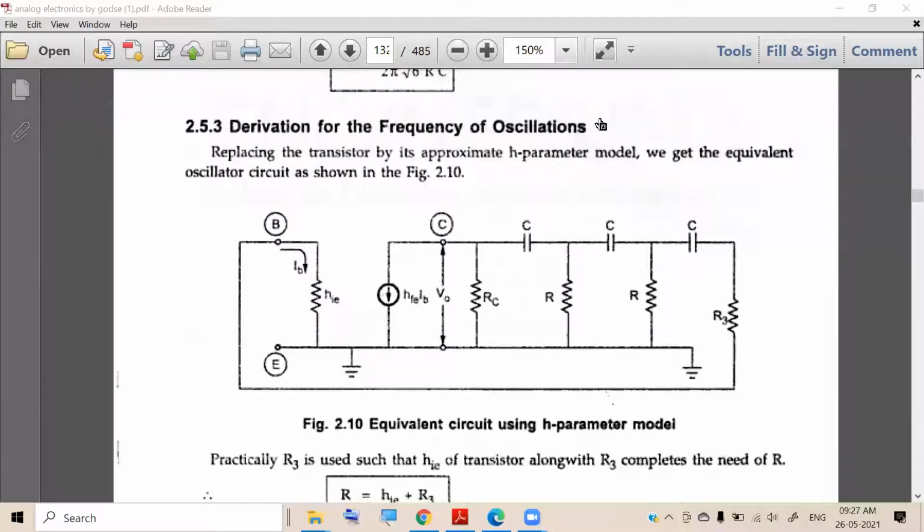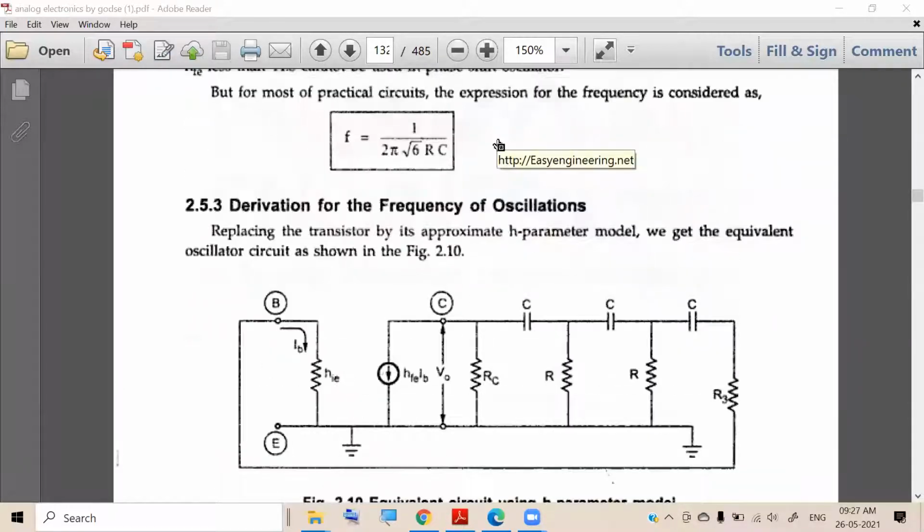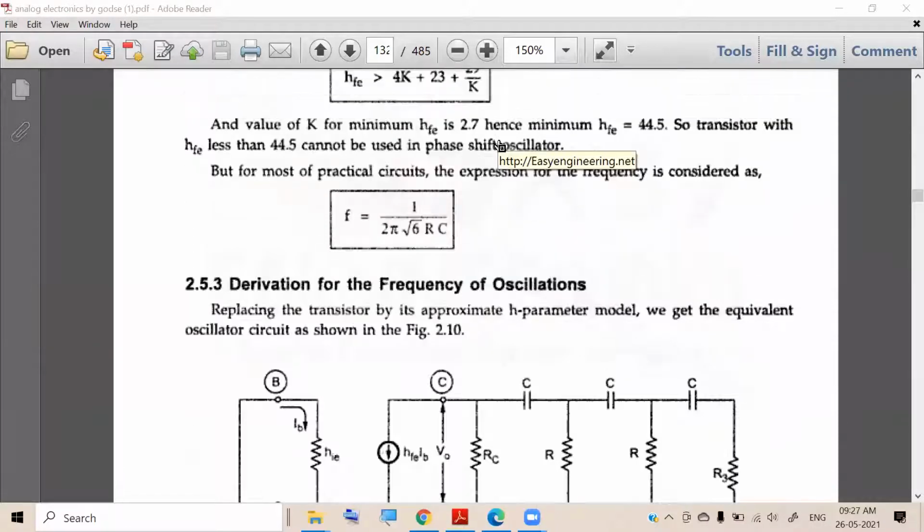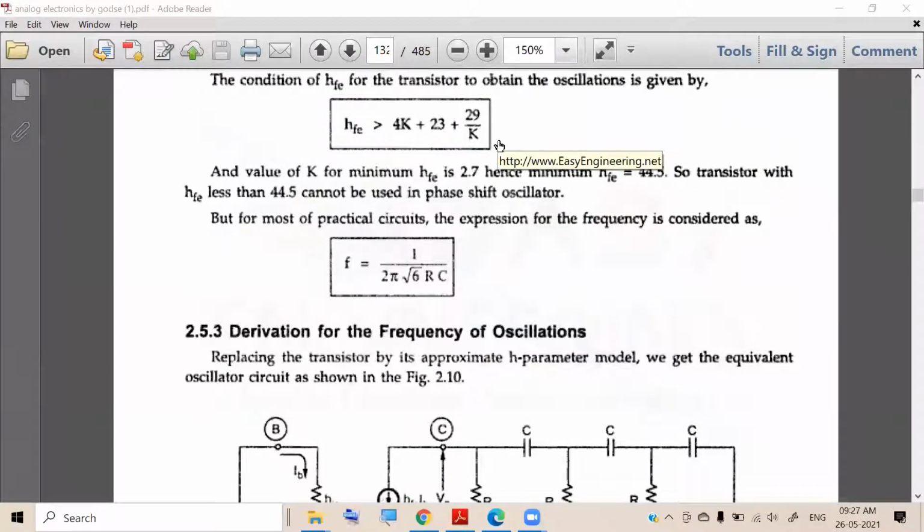We have discussed that so many times. The amplifier block provides 180-degree phase shift and the three RC stages each provide 60, 60, 60, that is 180. So in total 180 plus 180, 360. This also we discussed in the previous class.